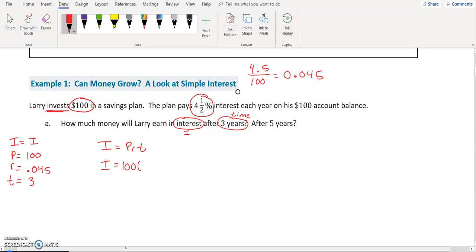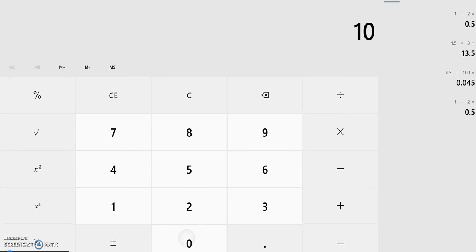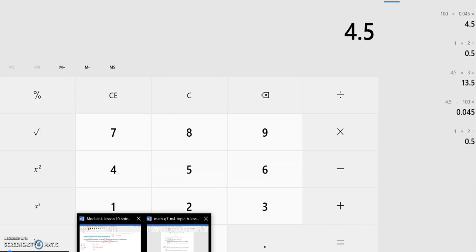So I, we don't know, equals P was 100. R, we're multiplying here everything. So R was 0.045 times, and then our time was 3. So I is equal to 100 times 0.045. 100 times 0.045 is going to bring us right back to the 4.5, because remember, to get it, we divided by 100.